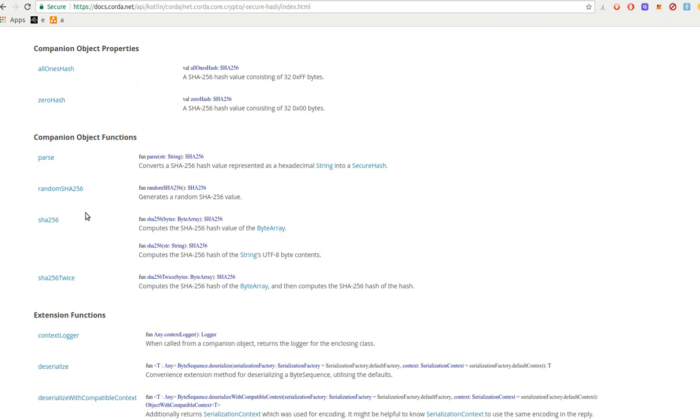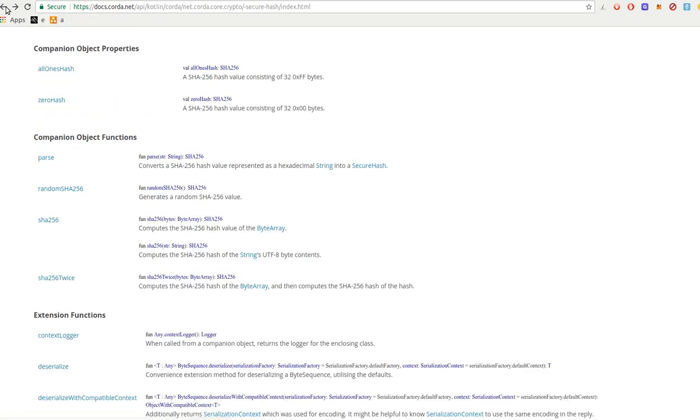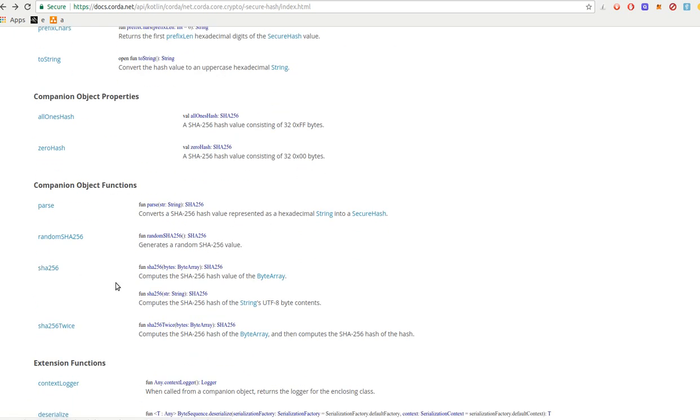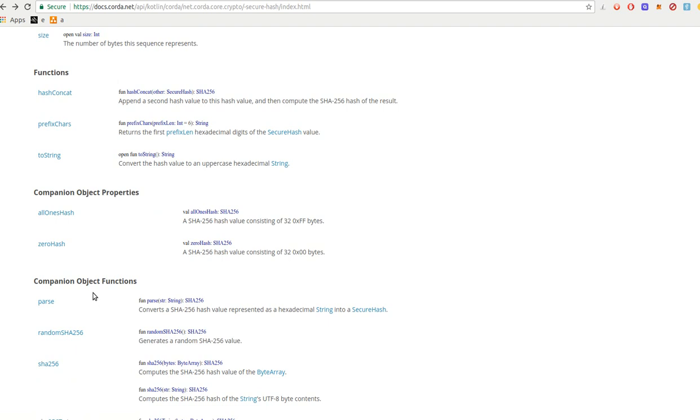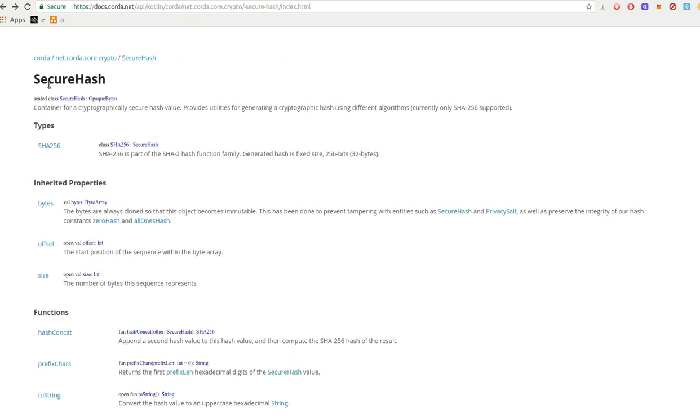Okay, so they've actually got SHA-256. It looks like they've put in these for those that use Ethereum. These are some of the Ethereum functions. Of course they're used outside of Ethereum too, but Ethereum does use these. Let's see what else we've got.